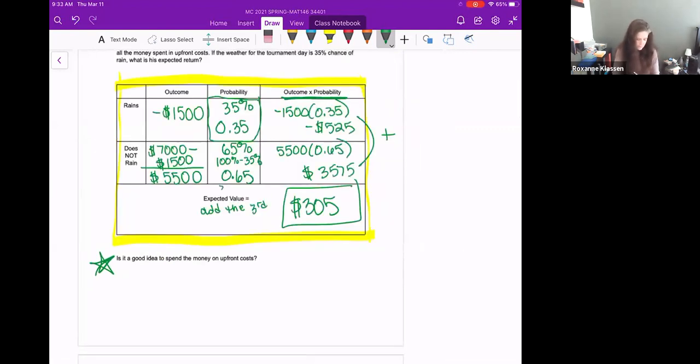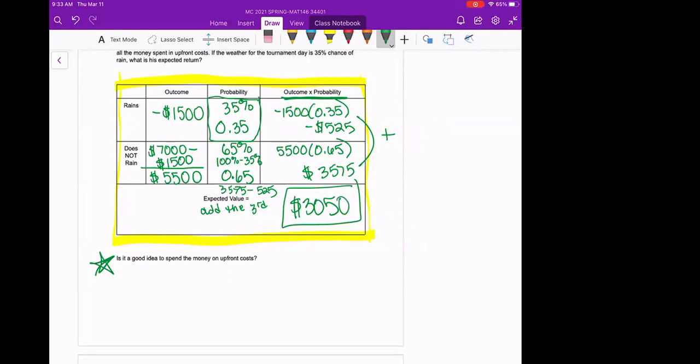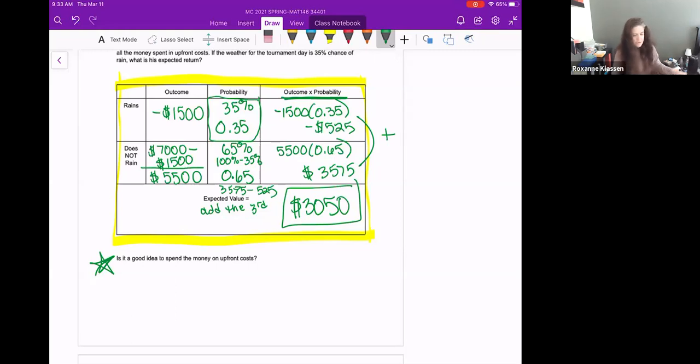So when you did 3,575 minus 525, you got 3,050. Yes? All right. So is it a good idea for Robert to plan this tennis tournament? What do you think?